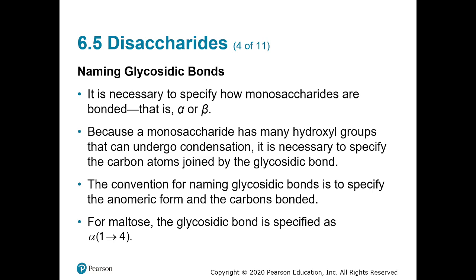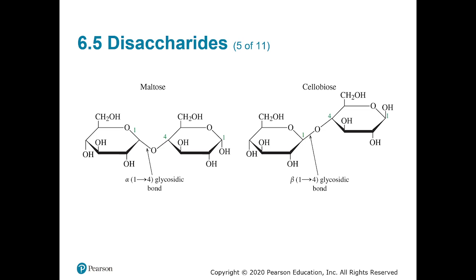Okay. And so that's what that looks like again. That's maltose. And then right here we have the beta 1,4 glycosidic bond. Notice again beta because it's above the ring this time. Okay. And that's cellobiose.